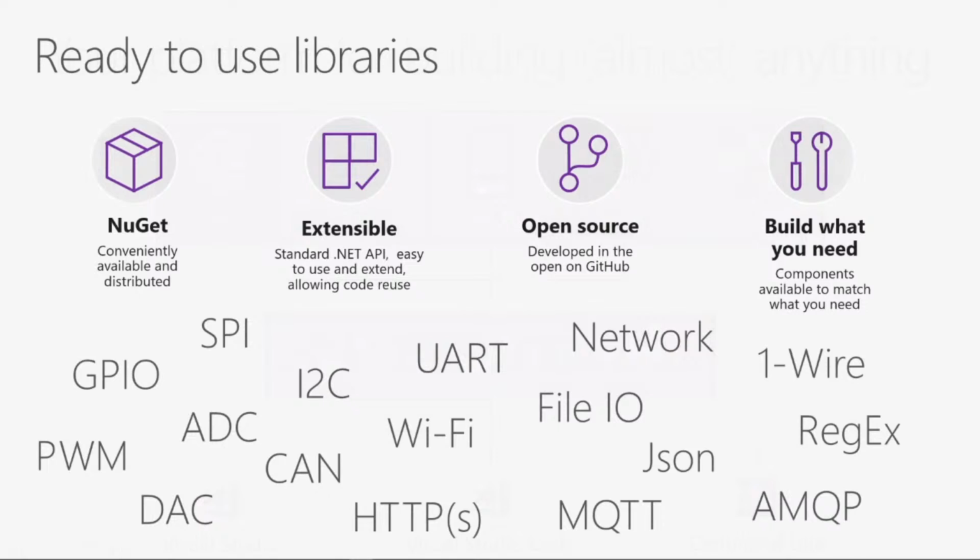And being C Sharp and using the same .NET API that you are used to, it's very easy to find code samples on the web, to ask questions about it on Stack Overflow, and to go through the samples that you find on GitHub and Microsoft websites.